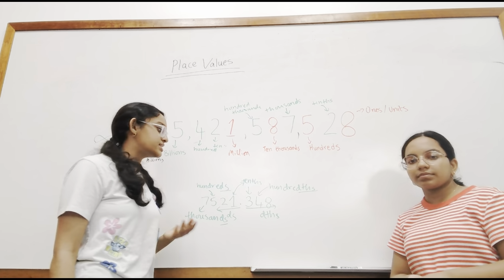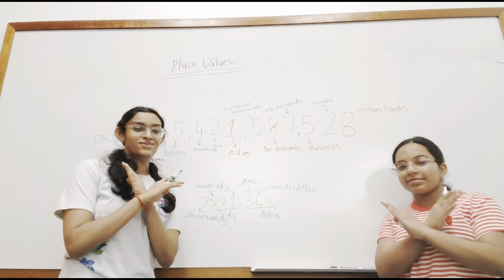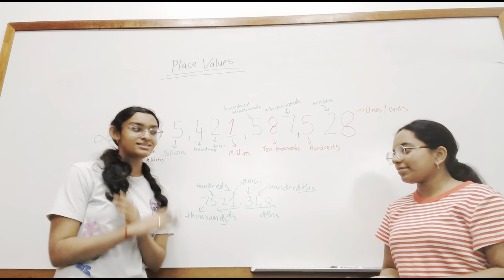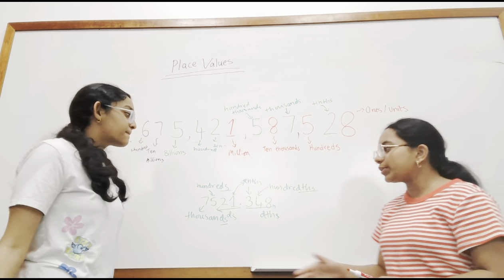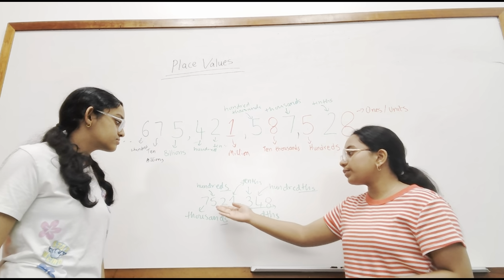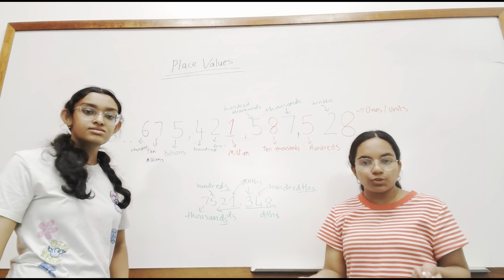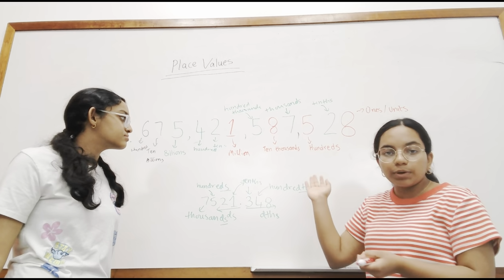Yes, and one more thing is whenever you're reading this, a lot of you would tend to read it as 7,521.343. And that is not the right way of reading decimals. In decimals, you read the left side, 7,521, as usual, like how you would pronounce this number, right?